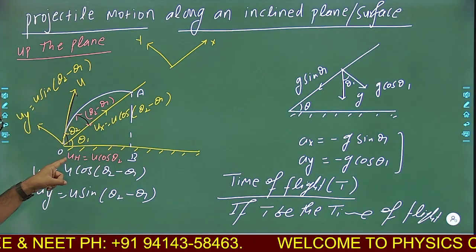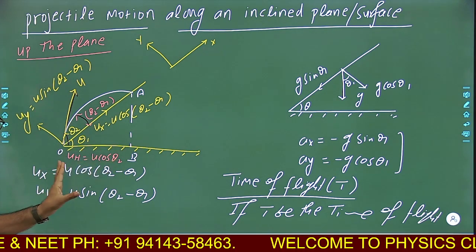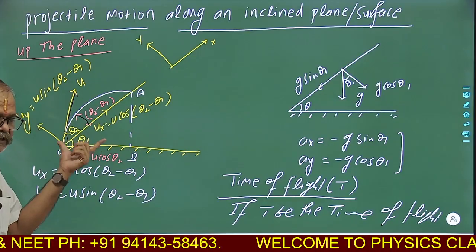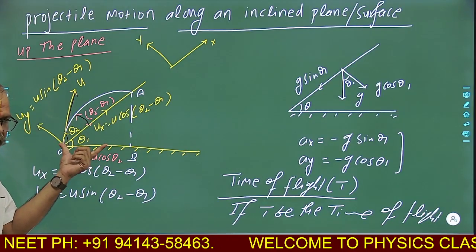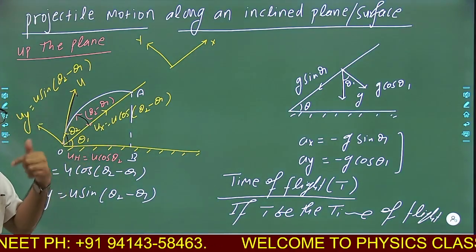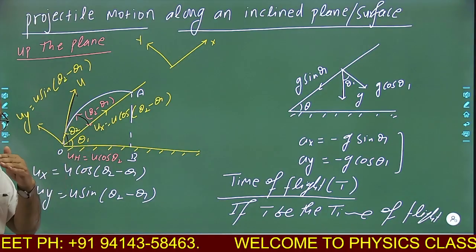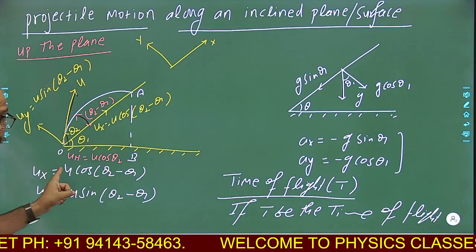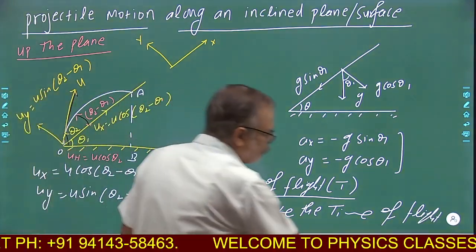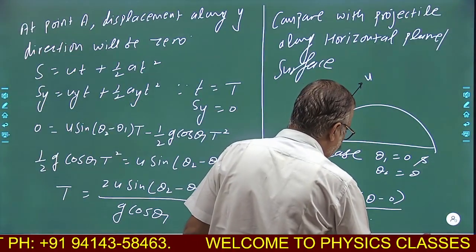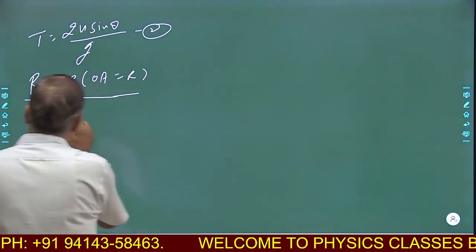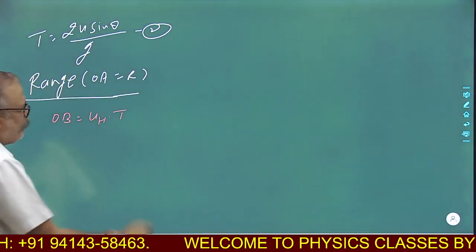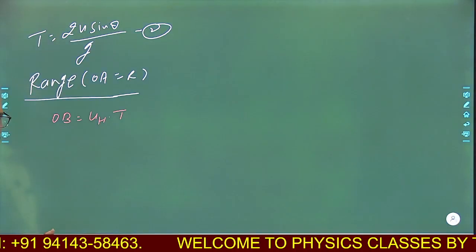The horizontal distance OB traveled by the body in the time of flight is distance equals speed into time. So OB is equal to UH into time of flight. That's clear.